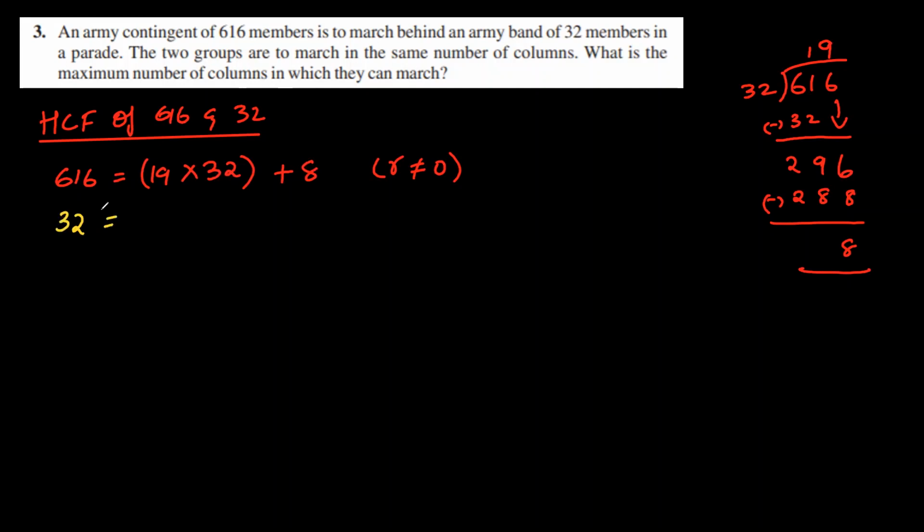When we divide 32 by 8, it is a multiple, isn't it? 8 4s are 32 and the remainder will be 0. As we are getting remainder 0, whatever divisor you have here will be the final answer. So the final answer is HCF of 616 and 32 will be 8.